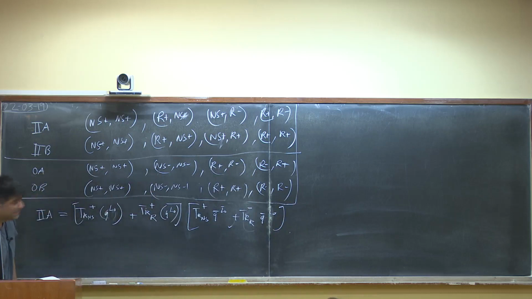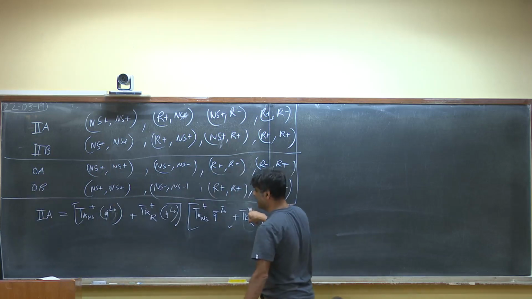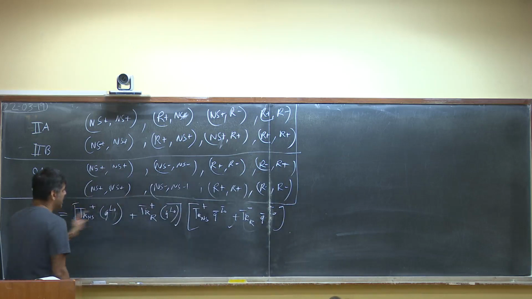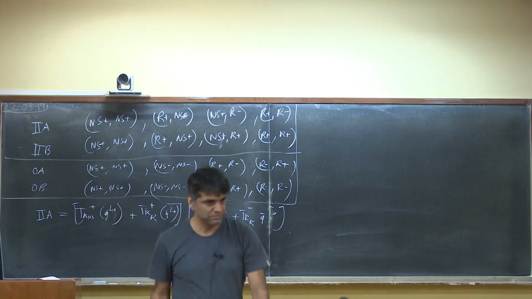Right? This is a minus and that's a plus. And 2B would be the same as this, except that both would be plus. The left and the right parts would be completely the same.